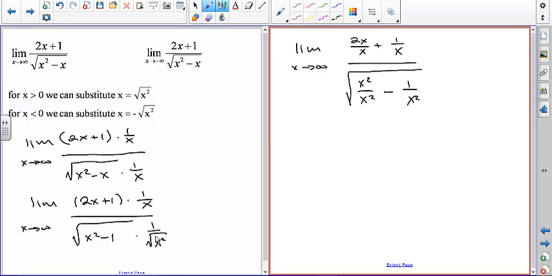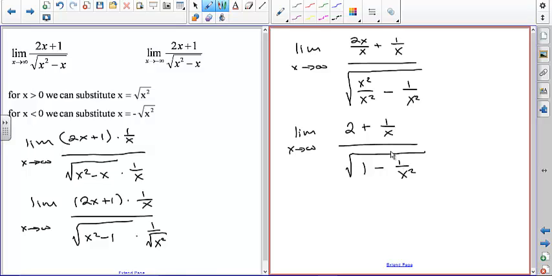I've taken this x squared and put it inside there, and you can see that you can simplify the numerator and the denominator. So this just becomes 2 plus 1 over x divided by the square root of 1 minus 1 over x squared.